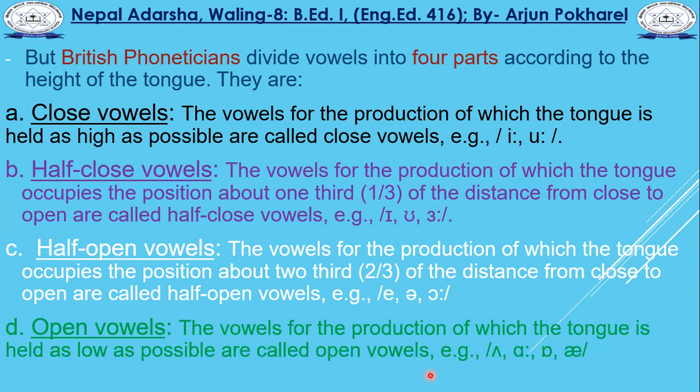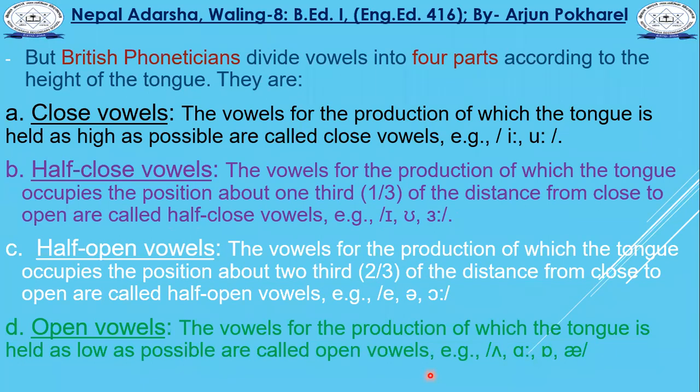In open vowels, your tongue is as low as possible. That's why open vowels are equivalent to low vowels: in low vowels the tongue is held as low as possible, and in open vowels as well.